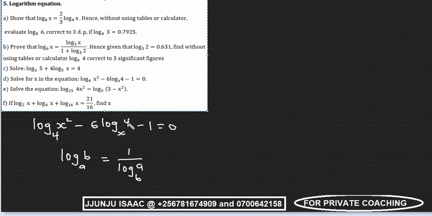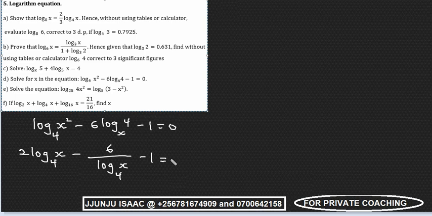So we can now find the reciprocal. We get 1 over, but now these two will interchange, implying that this will be log base 4 of x, let me put the 2 here, then minus 6 over log base 4 of x, then minus 1 equal to 0.